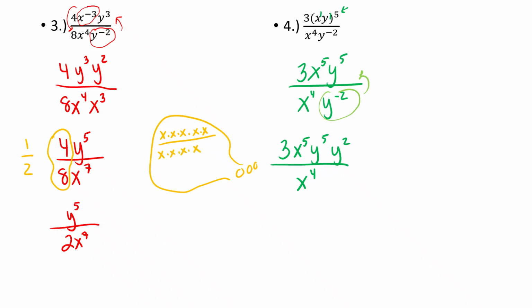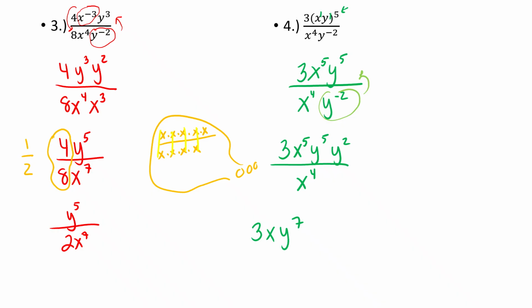I am going to cancel out a bunch of x's, and I ask myself, how many extra x's do I have, and where do I have them? In this case, I have 1 extra x, and that extra x is in the numerator. Done. So I would write 3x. I've got 1 extra x, and it is in the numerator. And then y to the 5th times y squared would be y to the 7th. I really, truly do that in my head. I don't go through that.